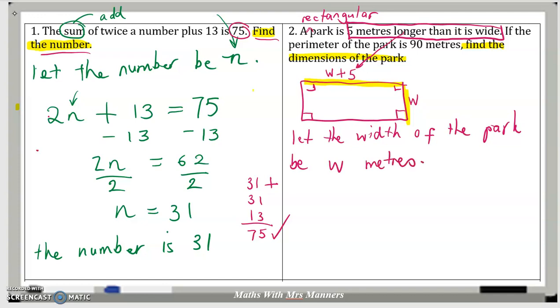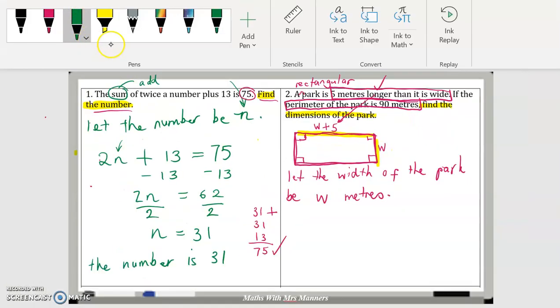And now, what's the one fact I haven't used? So I've used this information now. The fact that I haven't used is the perimeter of the park is 90 meters. And a perimeter can be found by traveling all the way around the outside of the rectangular park. And so to find the perimeter, I'm going to add all 4 dimensions of the park together.